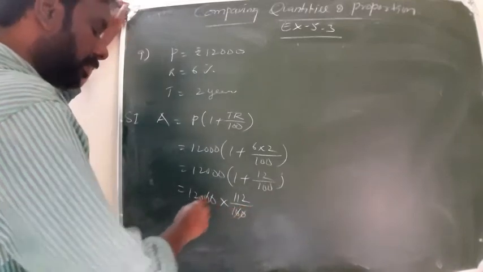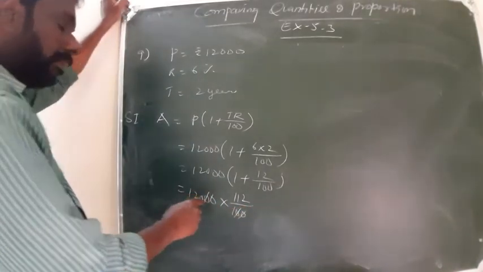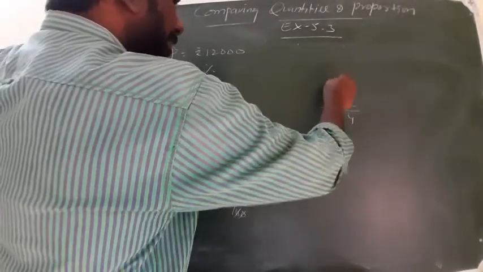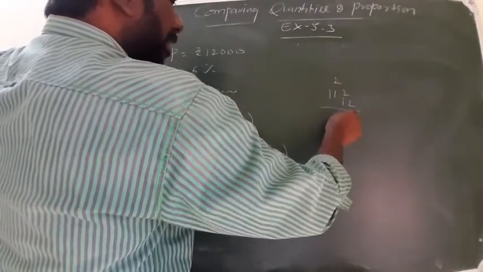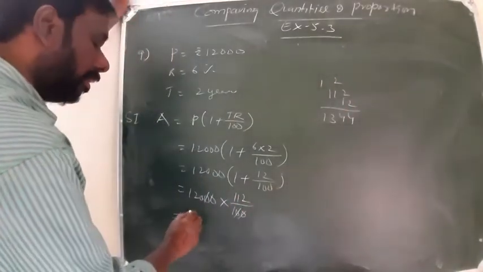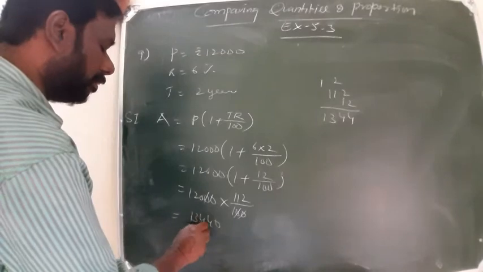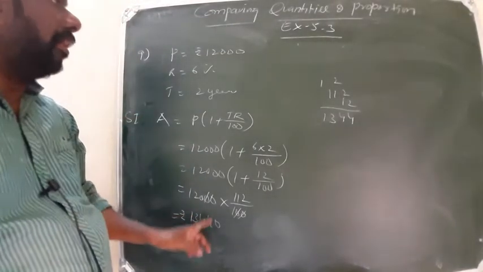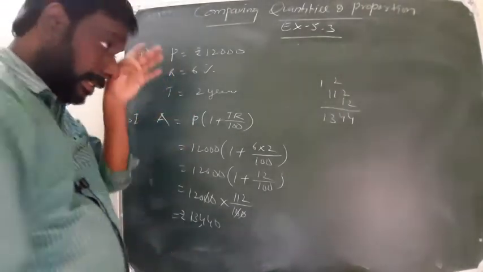Zeros cancel. Now 112 into 12 is 13,440. That means 13,440 I have to pay according to simple interest.